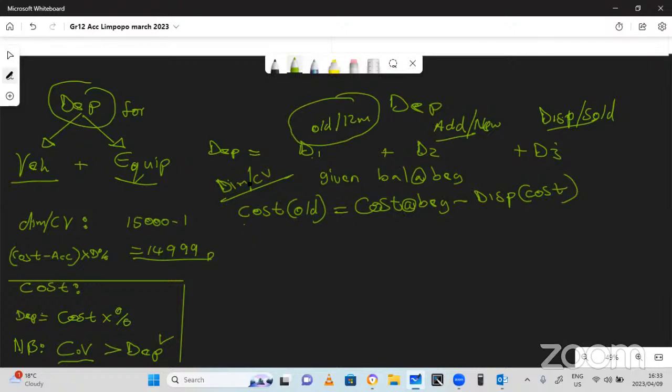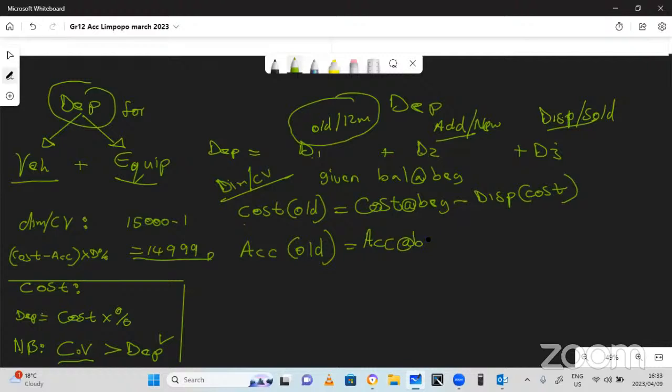And also, since we are doing the diminishing balance method, we'll also have to calculate the accumulated depreciation. So it will be the same procedure, guys. You are going to take the accumulated depreciation at the beginning. The only difference is that we are calculating for accumulated depreciation. The accumulated depreciation at what?